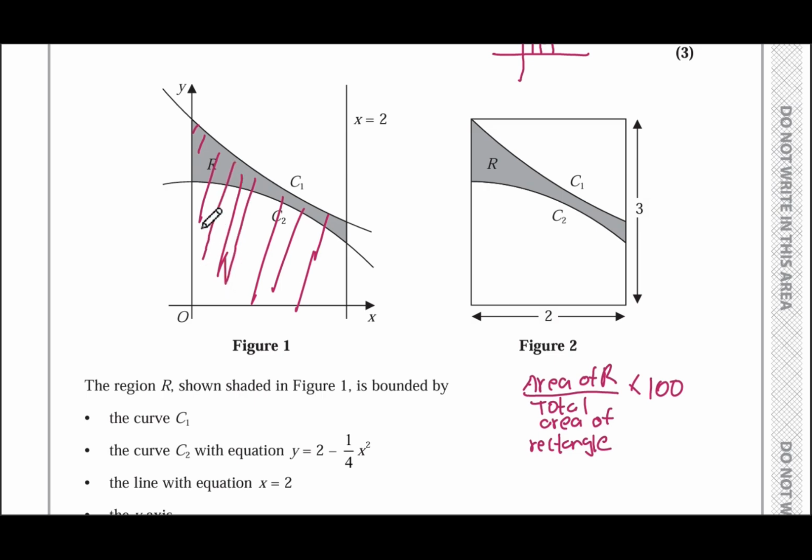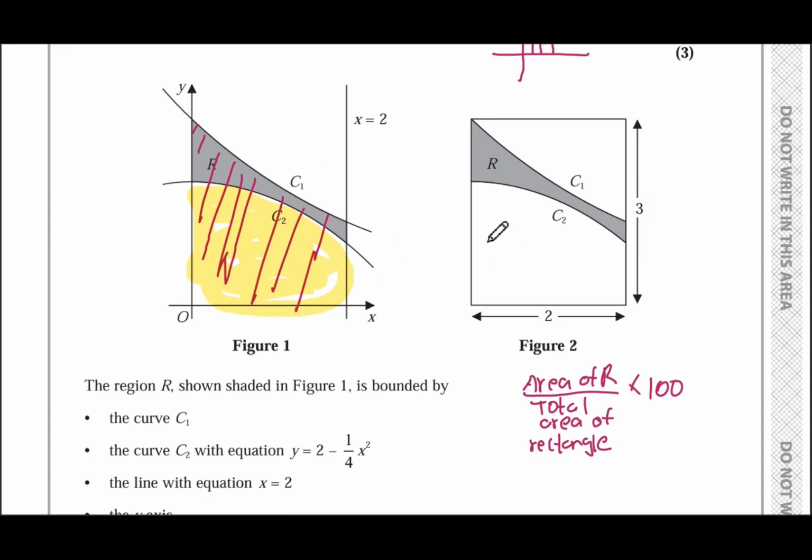If I take away from that the area under curve C2, which is this stuff, from this full area, if I subtract this yellow section, I would get my area R. So what I need to do is area under curve C1 minus area under curve C2.